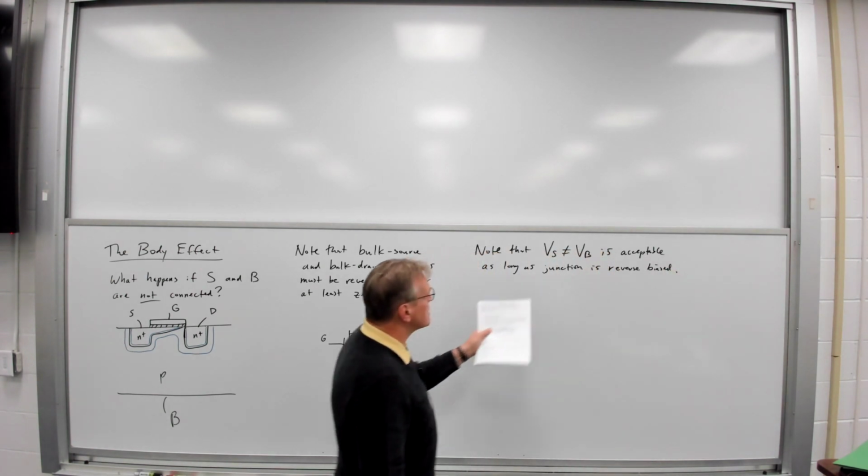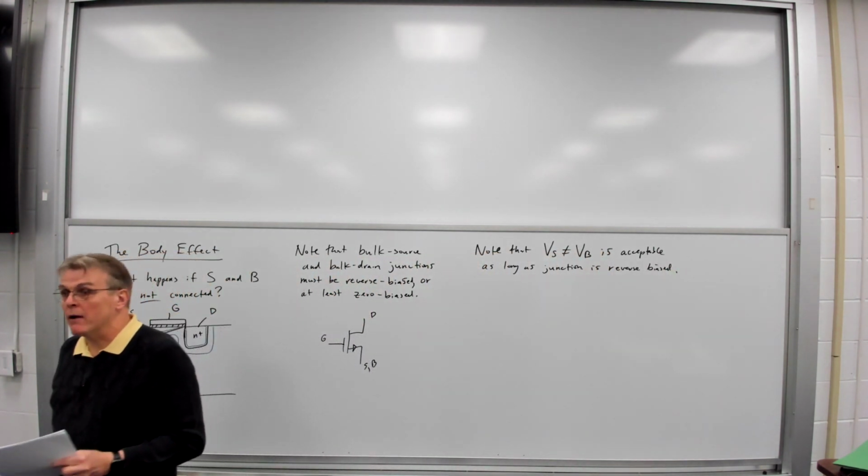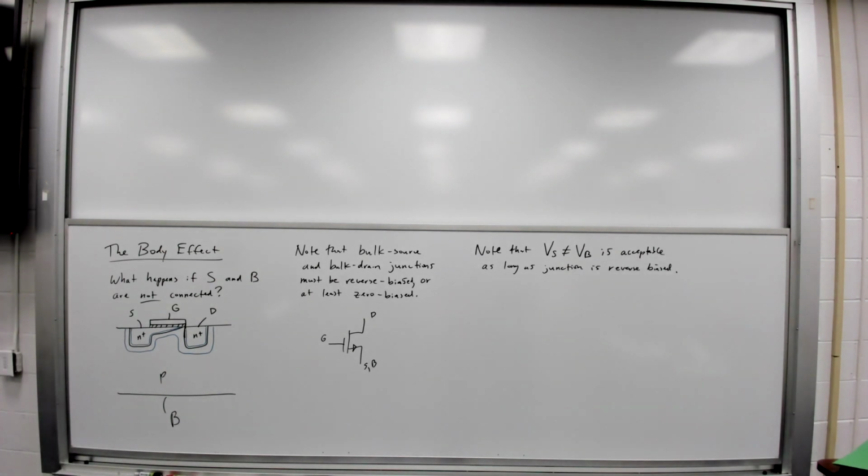So long as the junction is reverse biased, we can make those voltages different.